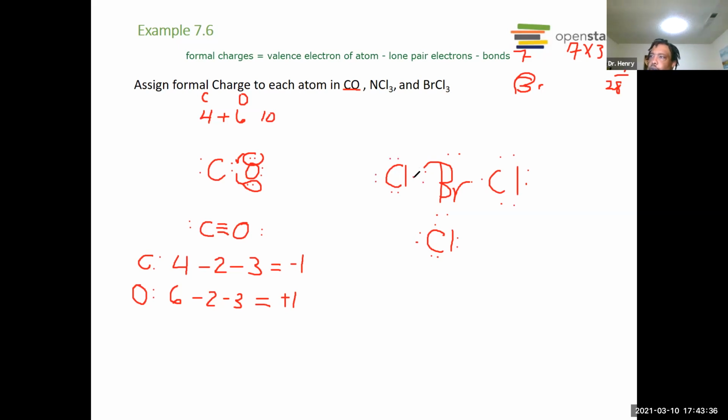So we can form one bond here. We have an extra electron. We can form one bond here. So these 2 electrons we're going to stick here. And let me erase. Make it pretty.